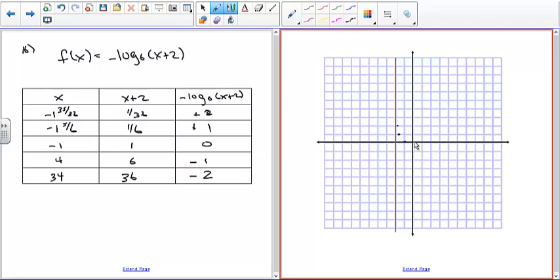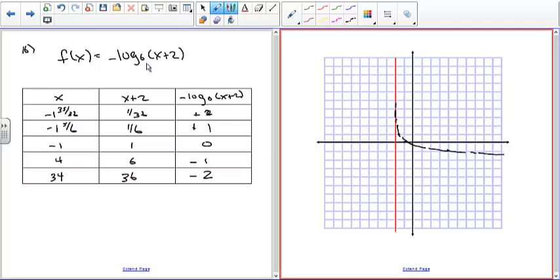Then we go 4, 1, 2, 3, 4, negative 1, and 34, of course, that's way out here, so we really can't draw that in there. So we draw this vertical asymptote coming down here through these 2 points, go like that, and then we have to kind of just show that it's not going too quickly.